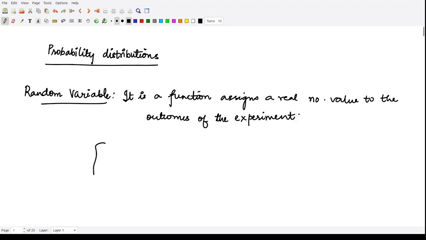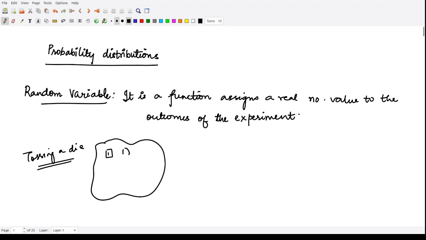So basically you have some sample space here. Suppose we are talking about tossing a die, right? So you have 6 outputs: 1, 2, 3, 4, 5 and 6. These are the possible outcomes of performing the experiment, tossing a die.